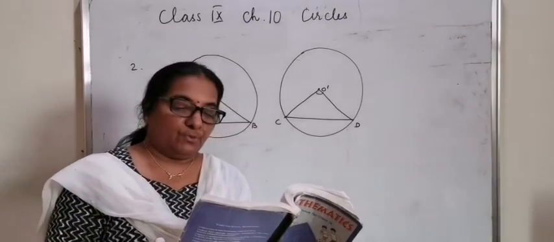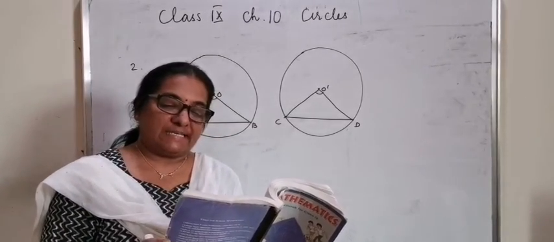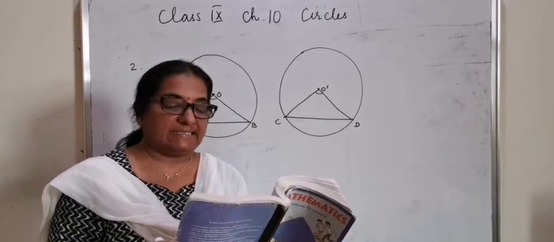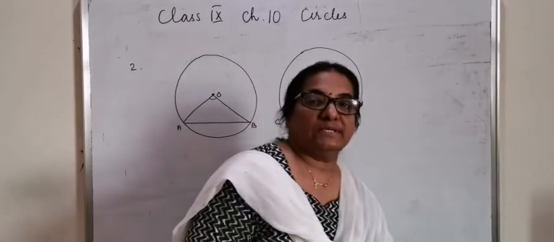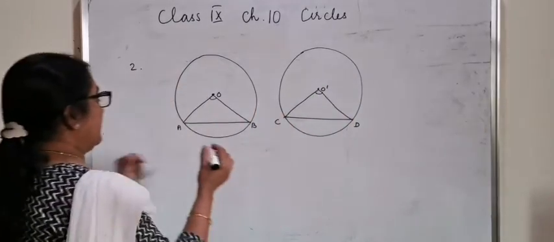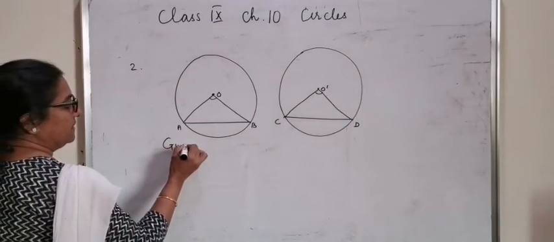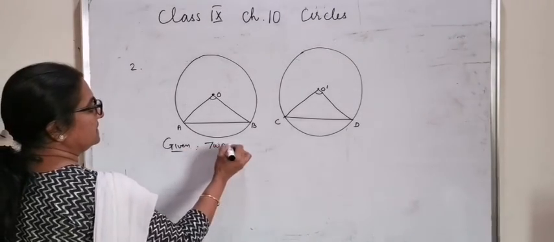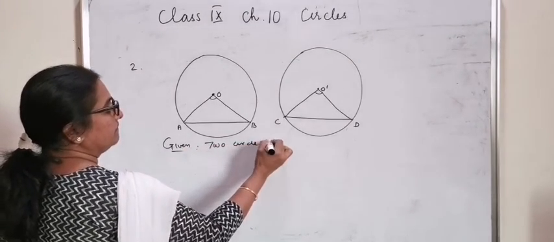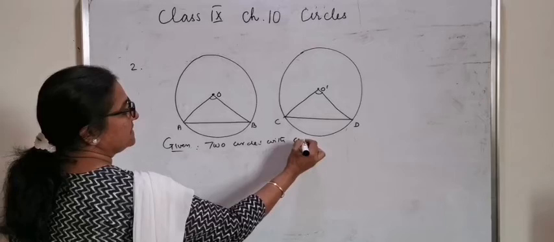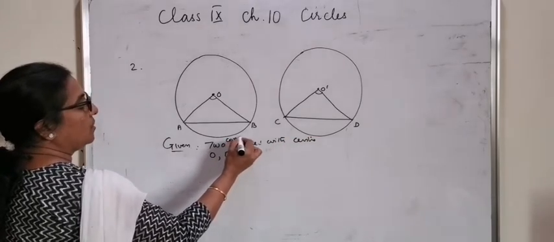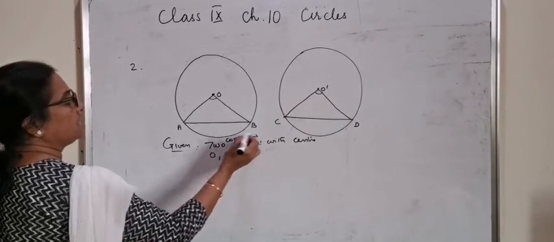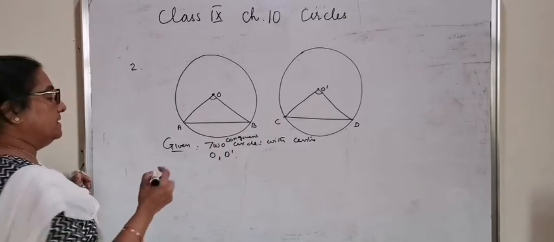Question 2. Prove that if chords of congruent circles subtend equal angles at the center, then the chords are equal. Just the converse statement. So, in the figure here, given two circles with center O and O'. They are congruent circles, which shows that the radii are equal.